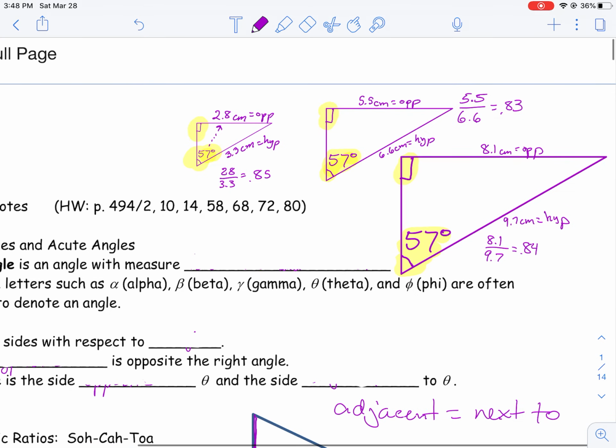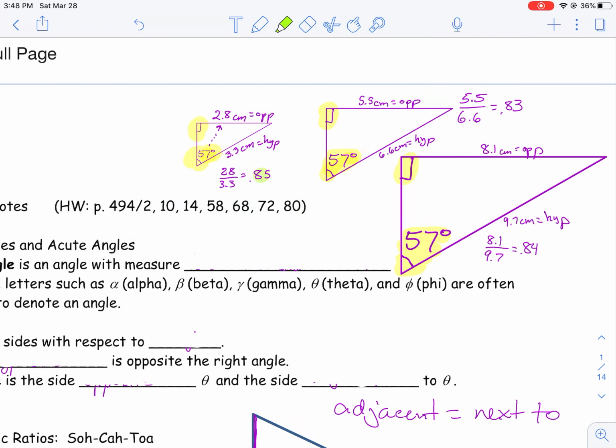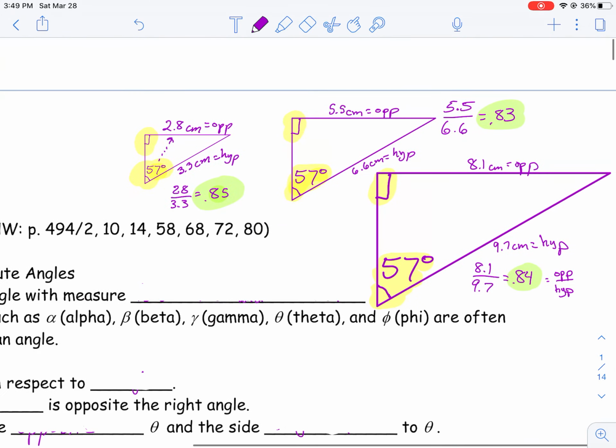This is really interesting to me, that no matter what triangle we started with, if we took the opposite side divided by the hypotenuse, we always got essentially the same answer. The reason they're a little bit different is because of rounding and measurement error. When I actually measured these triangles, they came out to be 2.8, but they might have been slightly under or slightly over, which would change this ratio.